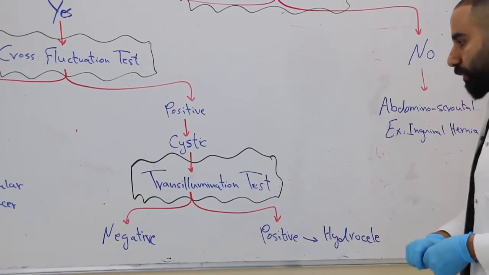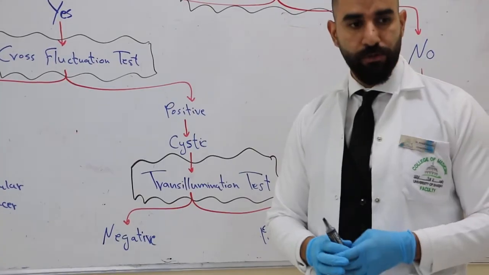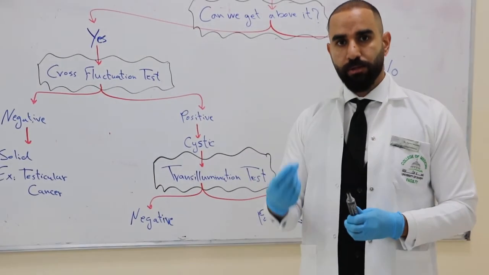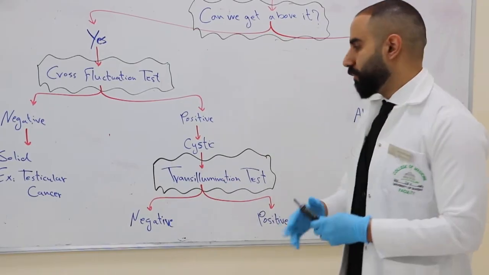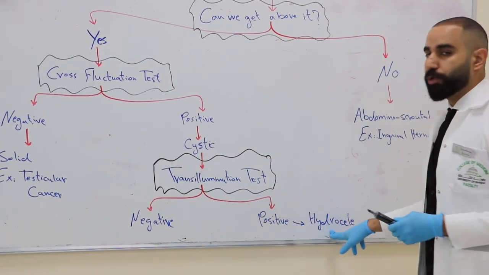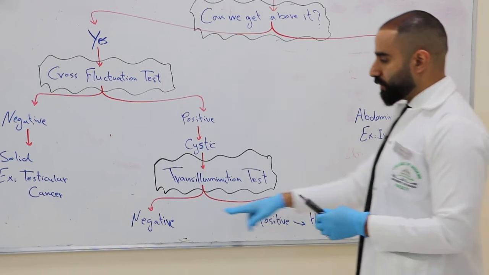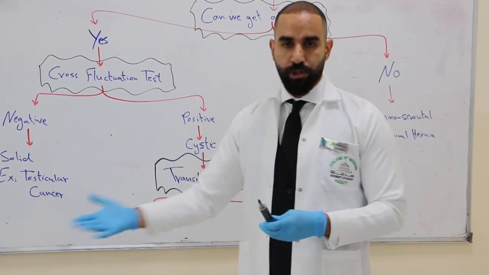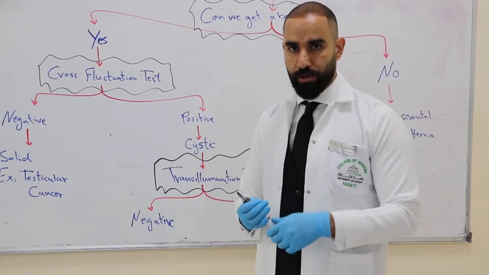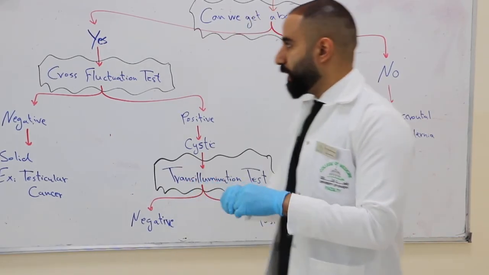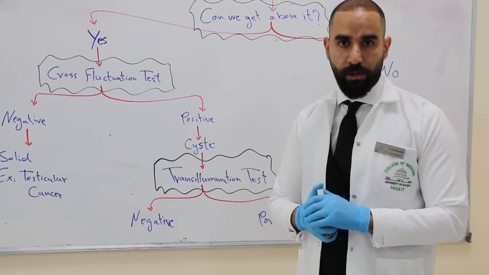So the transillumination test, as we'll show you in a few seconds, we'll shine a light on the posterior side of the scrotum. If it transilluminates, then this is what we call a hydrocele. If it's negative, then we have other differentials or other types of fluid, for example, a hematocele or a varicocele. Okay? So this is basically how we approach a testicular swelling.